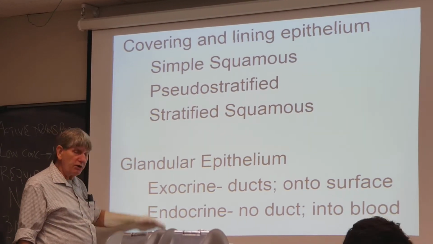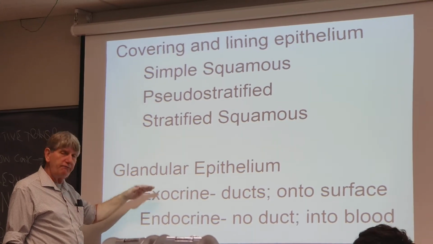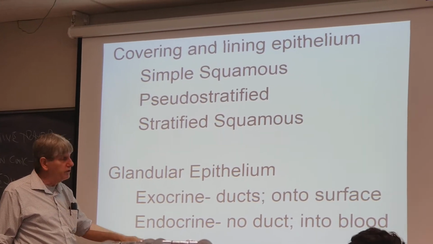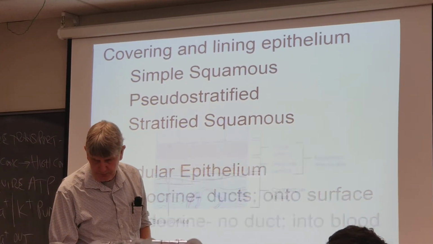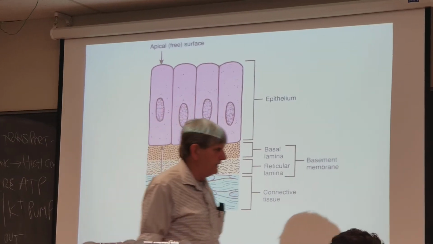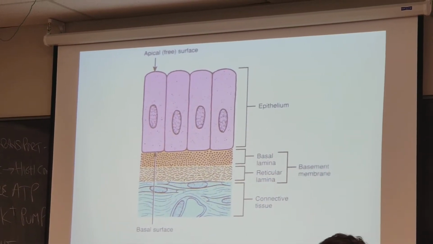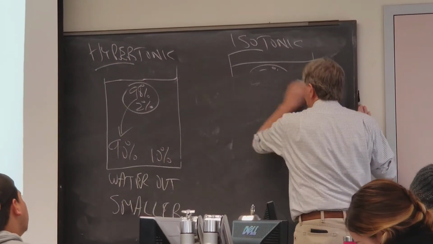We haven't really talked too much about glands aside from sweat glands with the skin, but we will mention briefly exocrine glands versus endocrine glands for glandular epithelium. Now, when we talk about the covering and lining, we've got two issues in terms of its characterization.